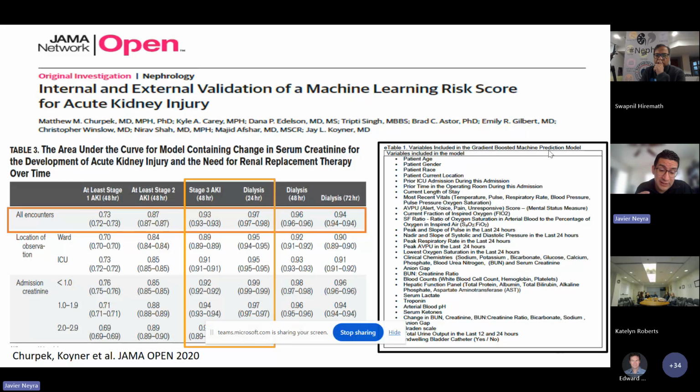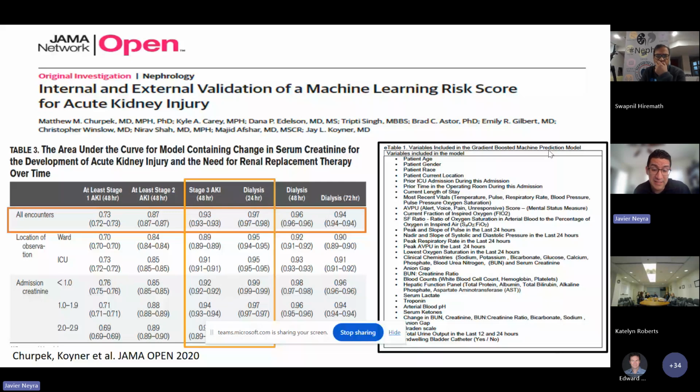And you can see from all the encounters that were evaluated, the performance of this prediction fluctuated from 0.93 to 0.97 for severe AKI stage 3 or just dialysis-requiring AKI.